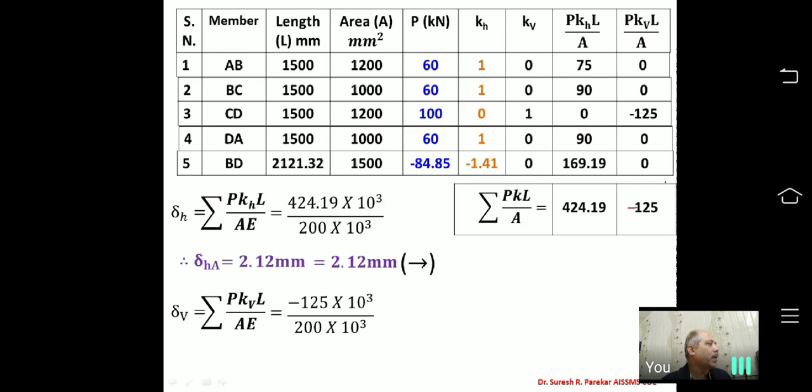Substituting it, we get the value of delta V, actually this is not delta H, this is delta V, so we have delta VA, and we get it as minus. We considered the unit force upward and the value we got is downward, which means my displacement is in the downward direction.